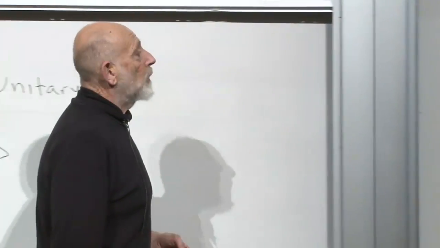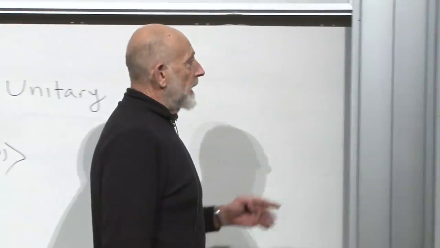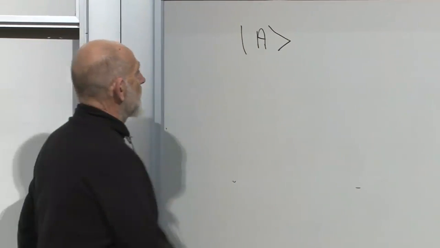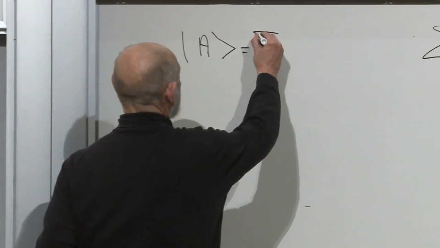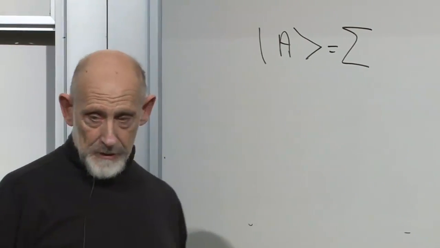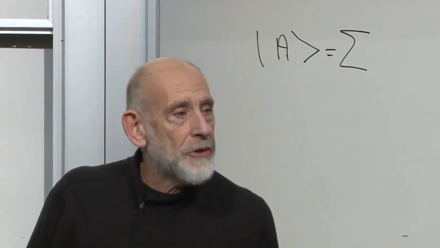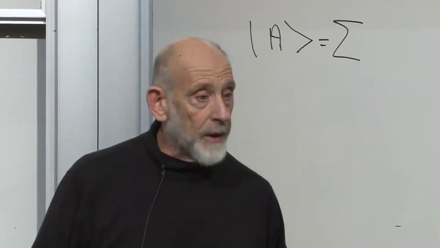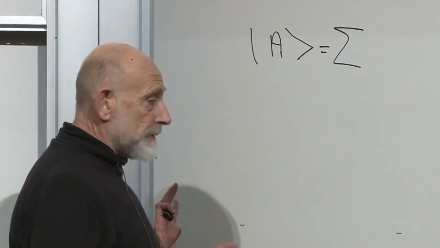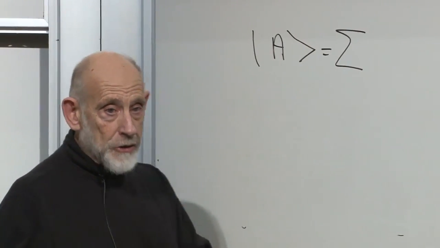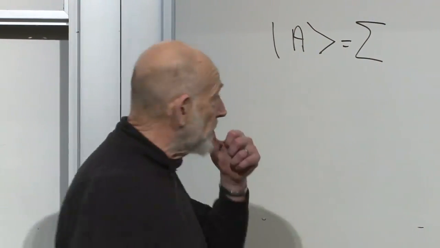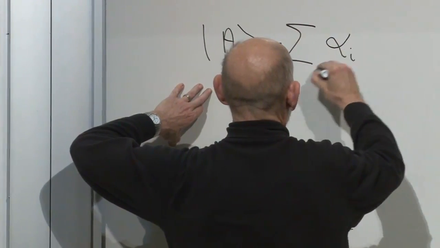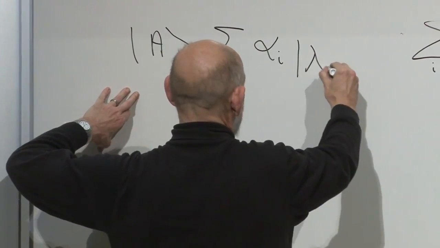Okay, what is the average in a state A of the observable lambda? So let's say that A is expanded in a basis. Which basis? The basis of eigenvectors of L. Remember, L is a Hermitian operator. Its eigenvectors form a basis. You can expand vectors in an orthonormal basis. So let's write this in the form A equals the sum over i of alpha sub i times lambda sub i.